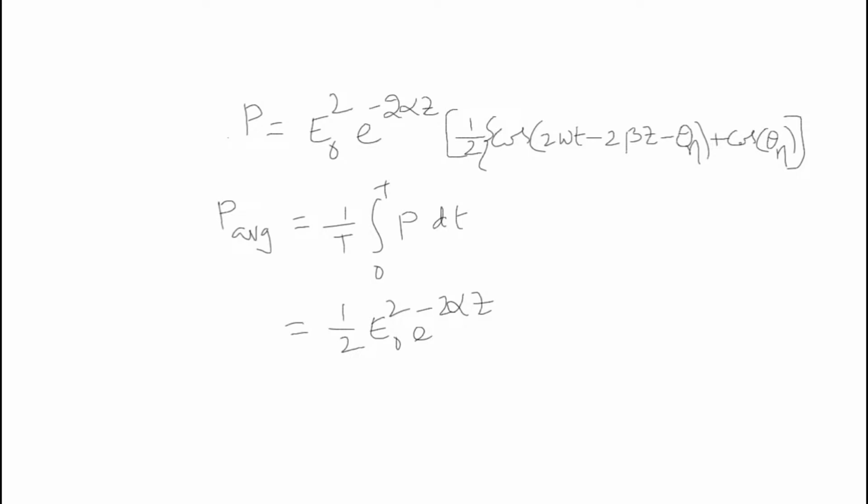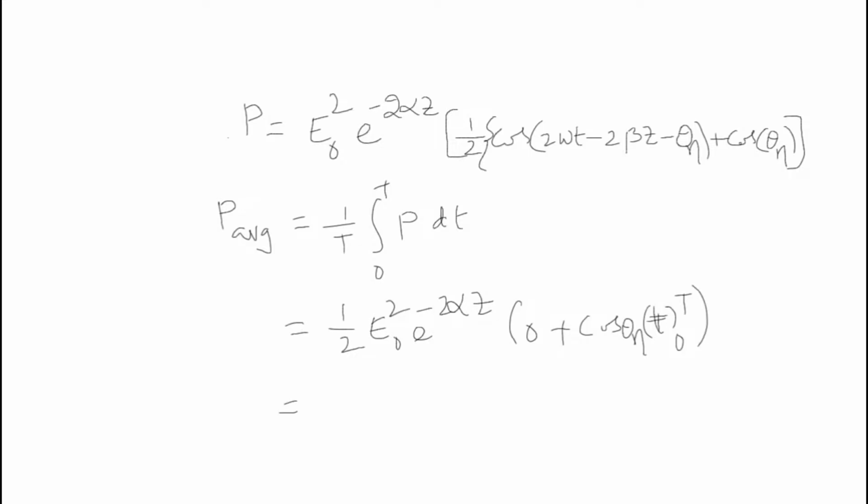The average value of the cosine function gives 0, and the integration of cos theta eta with respect to t gives cos theta eta into t, with limits from 0 to T.